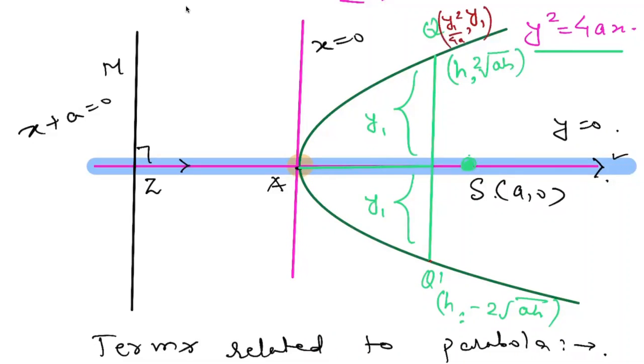Similarly, this point will be minus y1 with the same x coordinate, y1 square by 4a. In terms of ordinate, q and q prime will be something like this, and in terms of abscissa you can write it in this way. Both the points are the same. In h, the x coordinate is given, and for y1, the y coordinate is given. Please note down.